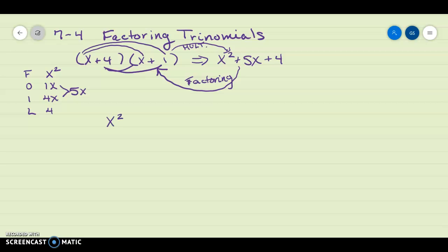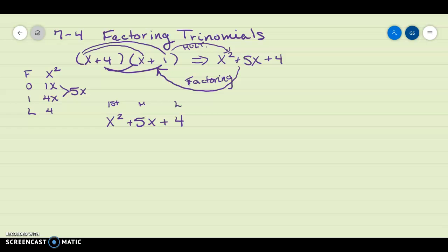So it's x squared plus 5x plus 4. I'm going to show you how to get back to x plus 4 times x plus 1. This is the way we look at the trinomial. I'm going to refer to these terms as the first, middle, and last. It has to be in standard form.